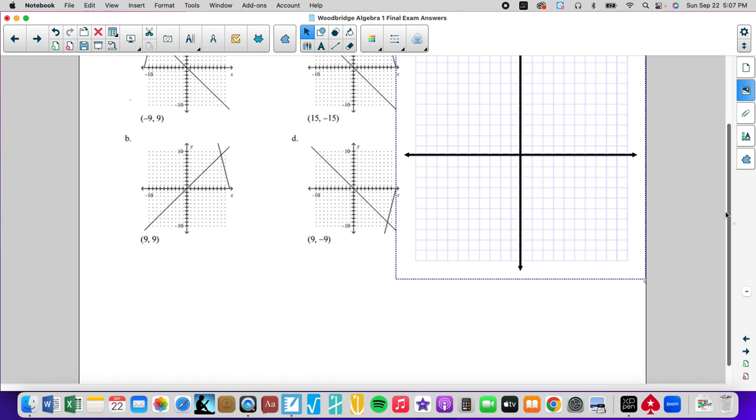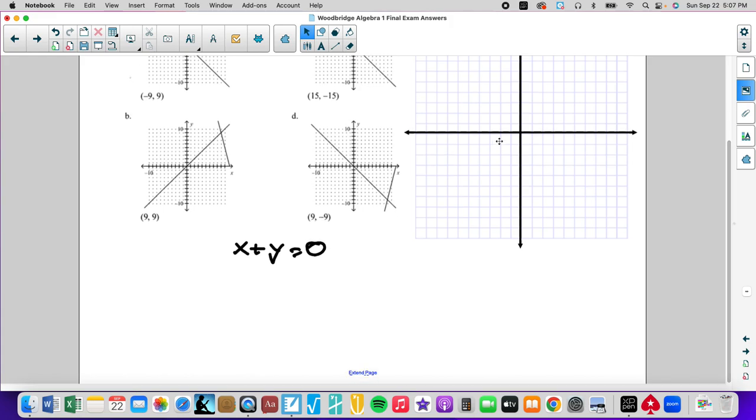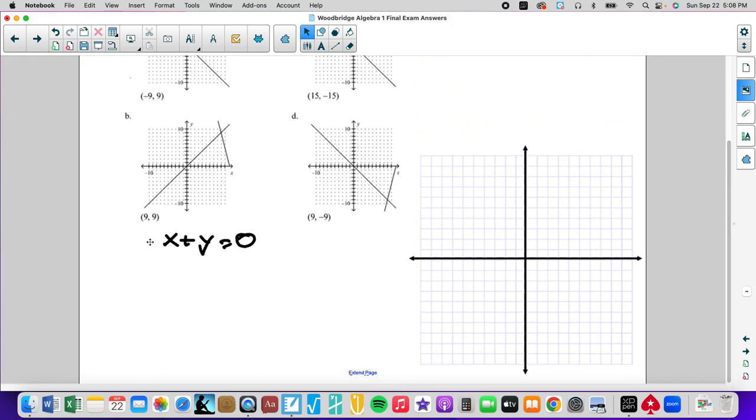I'm going to do this down here. Let's bring this down because we're going to need a little space. So this is a linear equation. It is in standard form. Typically when it's in standard form, I'm going to find the x and y intercepts.